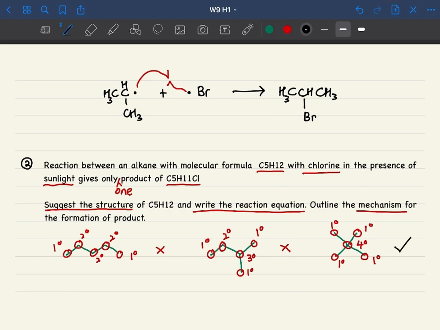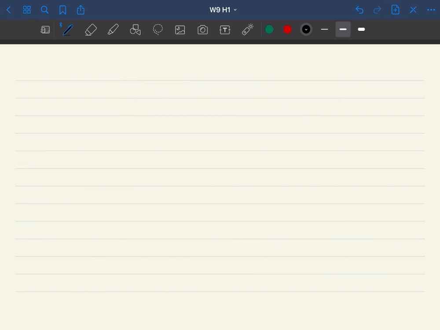So we'll take this compound to do our reactions. When writing the reaction equations, we need to take out all the possible products that we can form. But since this compound of our selection, with 2 branches at carbon number 2, will give you only one product, we're going to have only one monosubstituted product.